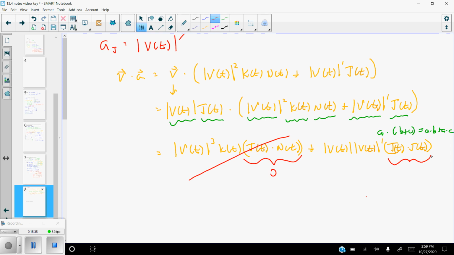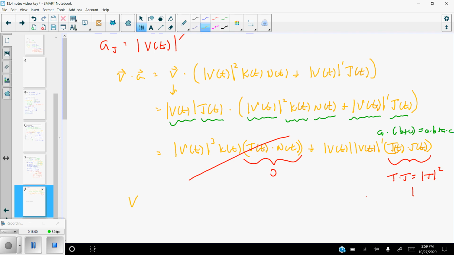Well, if I take a unit tangent vector, which means it has a magnitude of length 1, and dot it with itself, you should hopefully remember that a vector dotted with itself is the same thing as the magnitude of that vector squared. Well, the magnitude of each unit tangent vector is 1, so that whole thing simplifies to 1.